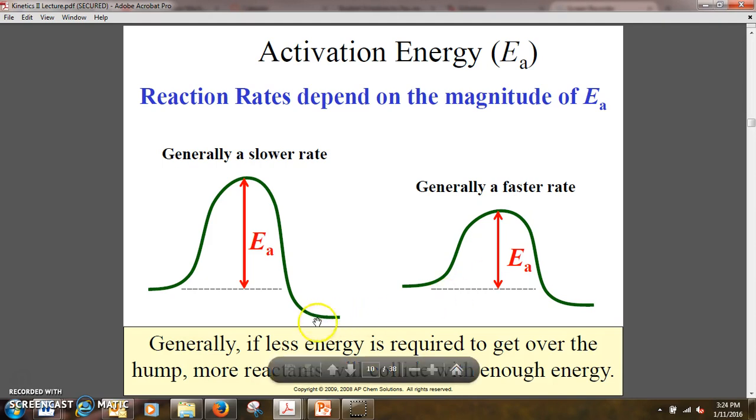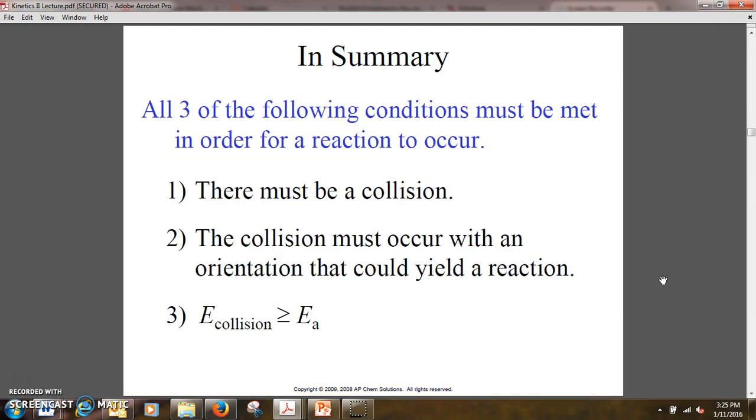So as you see down here, generally speaking, if less energy is required to get over the hump, more reactants will collide with enough energy. So we measure that activation energy, and then we can use it in a diagram like this to give us a picture of whether or not that reaction is going to take place.